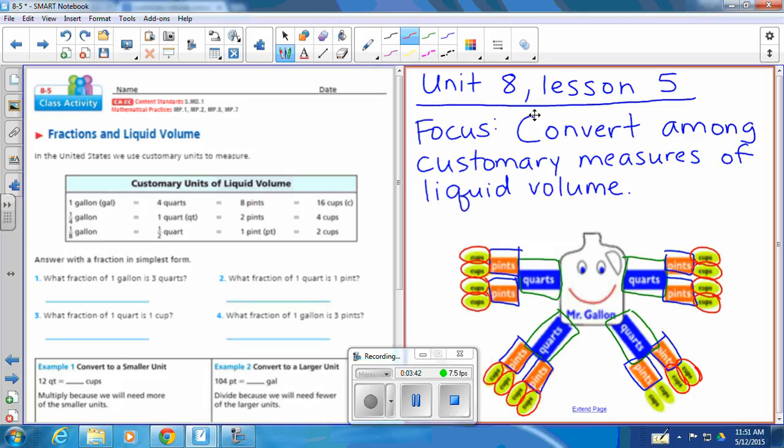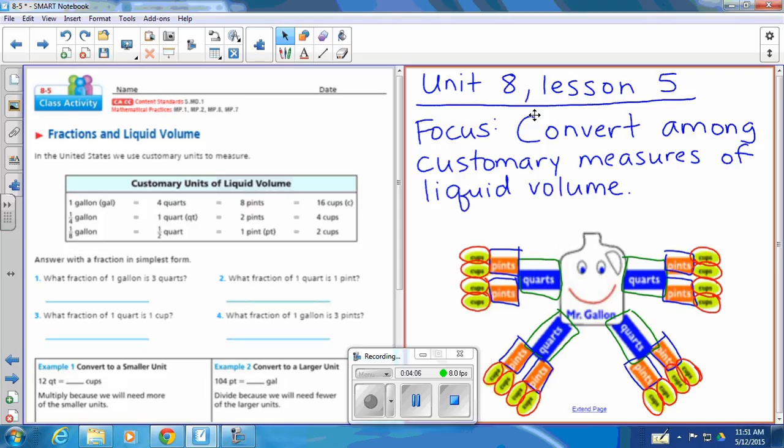Excellent, 16. How many cups are in a quart? 4. How many cups are in 3 quarts? 3 quarts, good. 4, 4, and 4. So 4 times 3 would be 12.